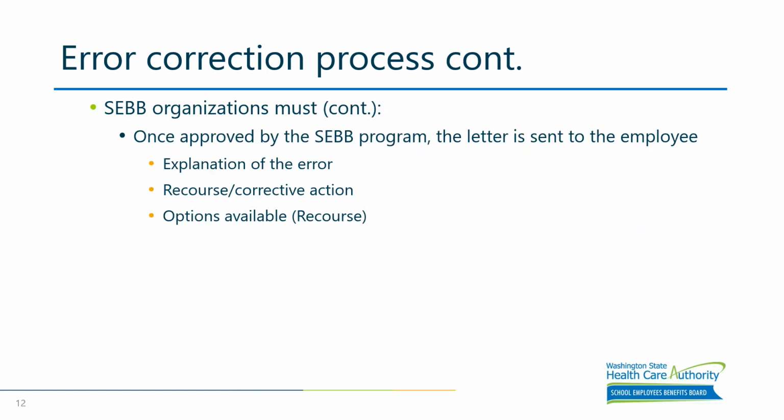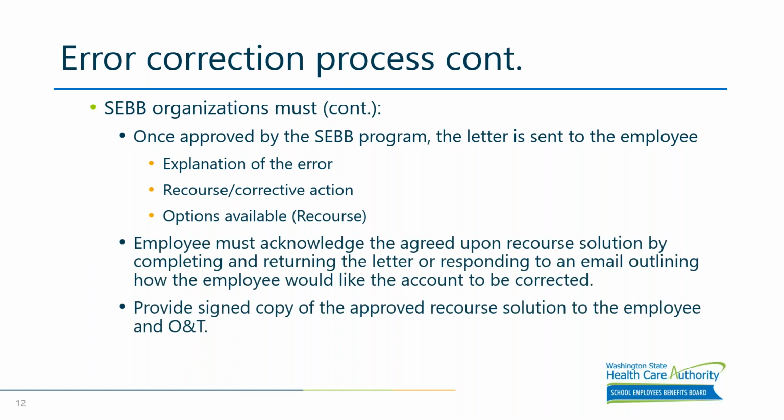So once it's approved by the SEBB program, the letter is now sent to the employee containing an explanation of the error, the recourse or corrective action that the employer is going to take, and then options that are available to that employee for recourse. The employee must acknowledge the agreed upon recourse solution by completing and returning the letter or responding to an email outlining how the employee would like the account to be corrected.